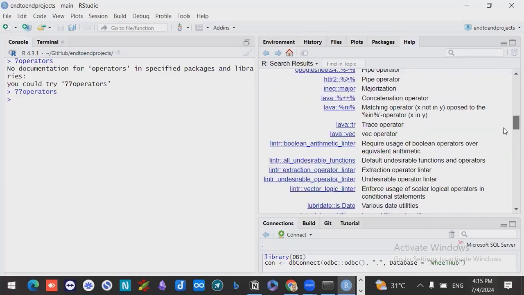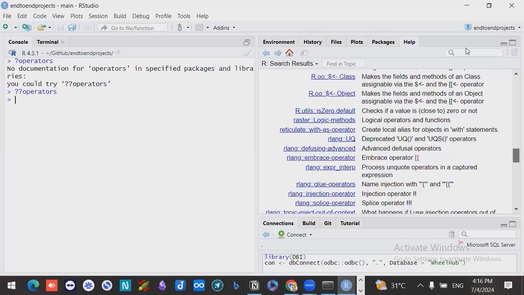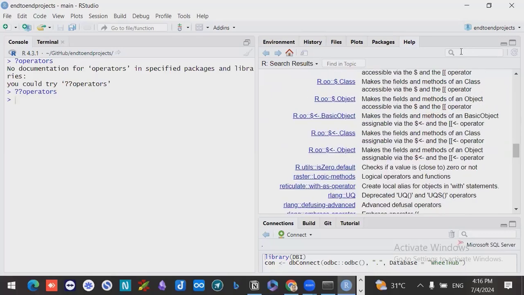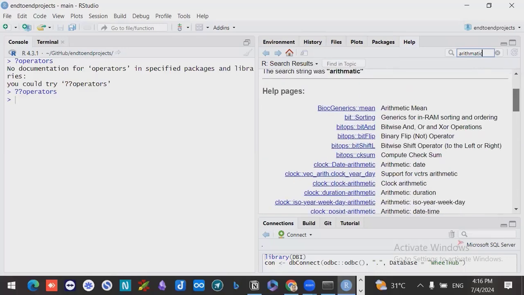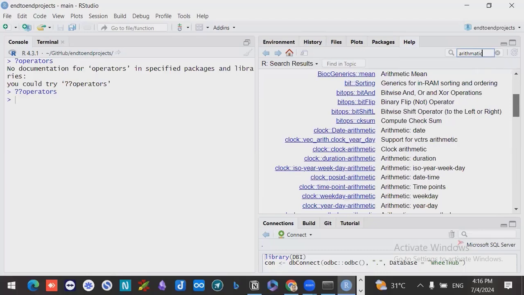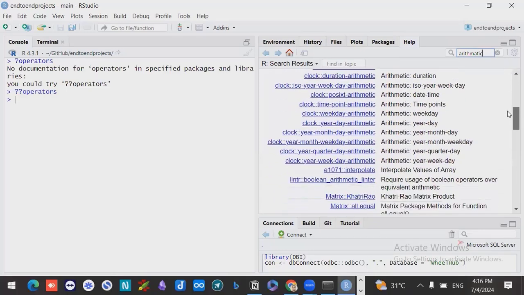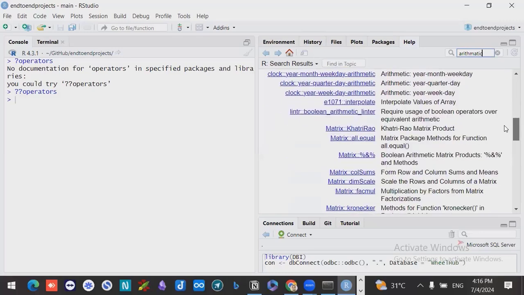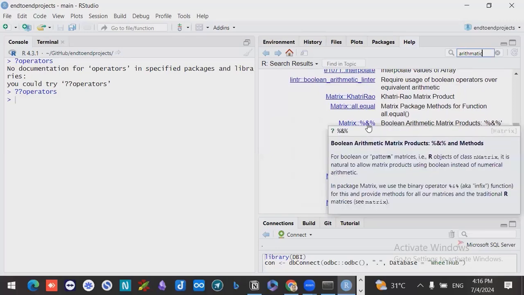Greater than is there and less than is there. In more cases, you can type it here. Symmetric. For matrix, you can see this is also an operator.